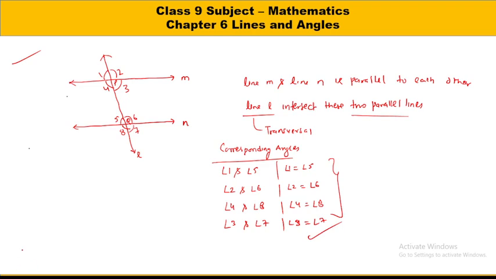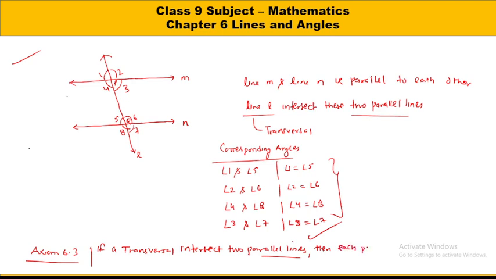So we come across axiom 6.3, and this axiom says: if a transversal intersects two parallel lines, then each pair of corresponding angles are equal.